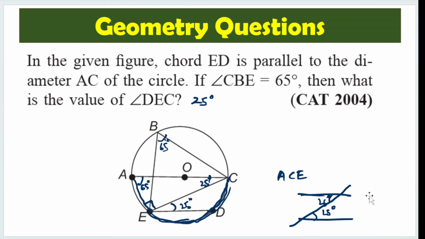And then we just used two parallel lines with a transversal: the angles made by the transversal, alternate interior angles, these two angles are the same. We used nothing else, and then the sum of angles in a triangle, which is 180 degrees, and the angle in a semicircle, which is 90 degrees.